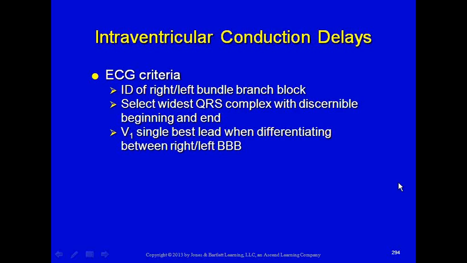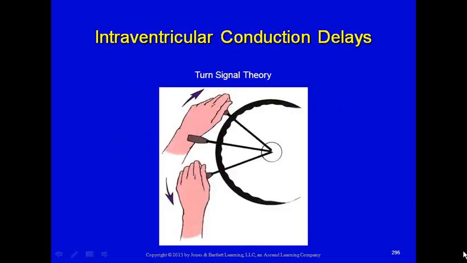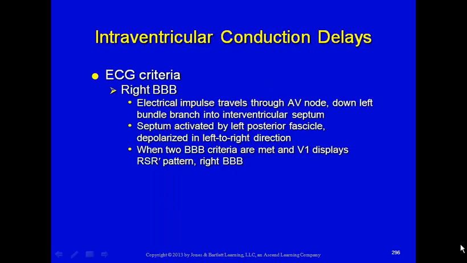Then look at V1, because V1 is the best lead to determine whether you have a right or left bundle, and you use the turn signal theory. If from the J point my QRS primarily is up in V1, then it's a right bundle. Whereas if the majority of my QRS is down in V1, then it's a left bundle.